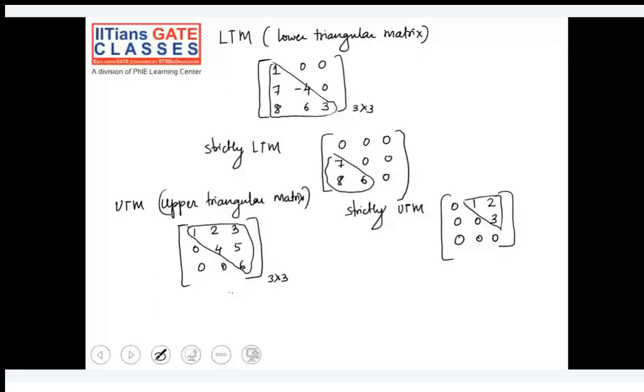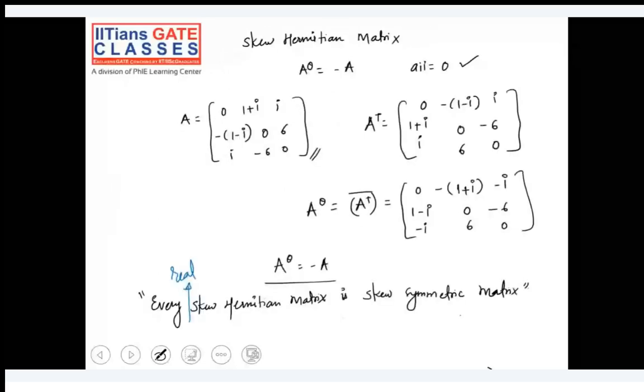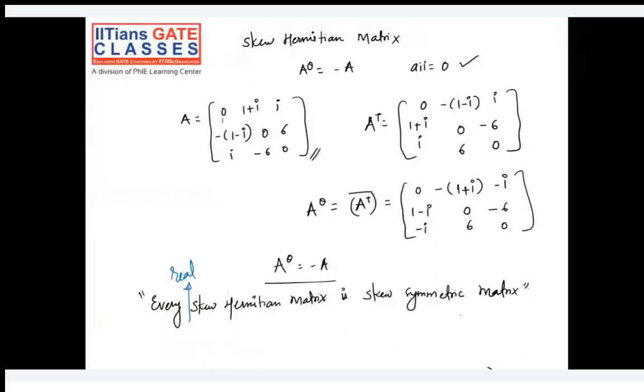Sir, in a skew Hermitian matrix, the principal diagonal elements may be imaginary, right? Yeah, let's try it. If I write i here, what will happen? If I take the transpose, it will remain like this, and i will be replaced with minus i. So yes, it is possible.